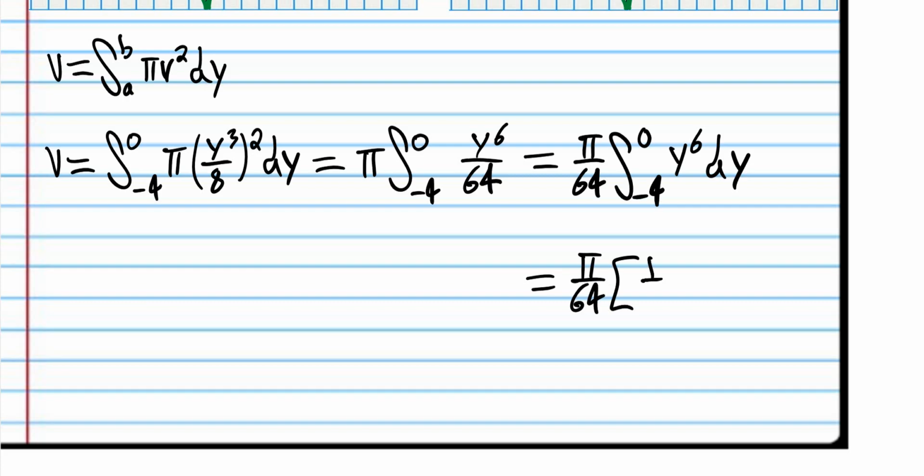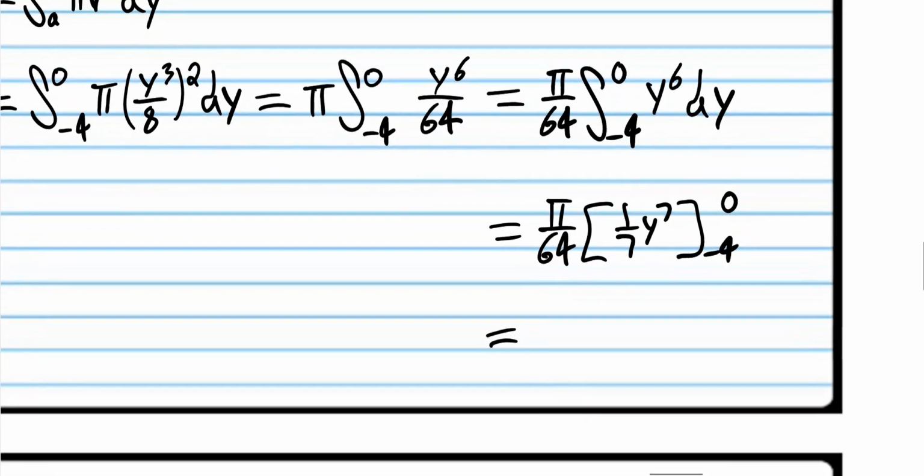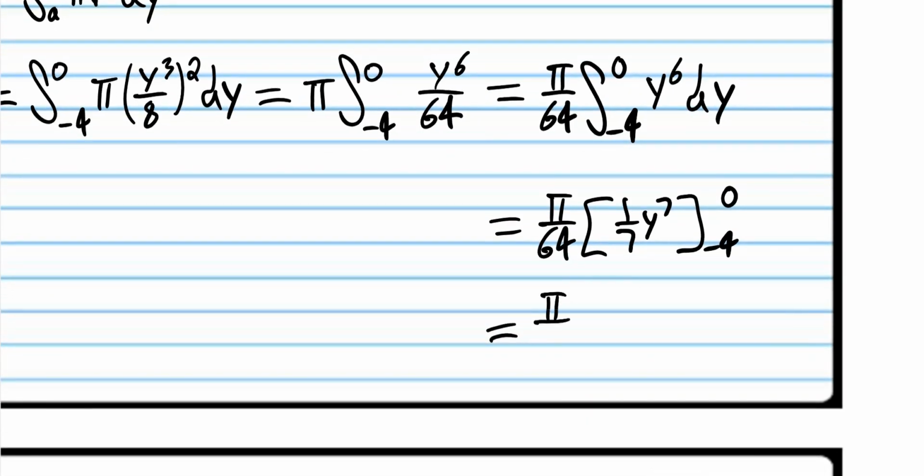And so we have 1/7 times y to the 7th from negative 4 to 0. So 1/7 times 0 to the 7th minus 1/7 times negative 4 to the 7th.